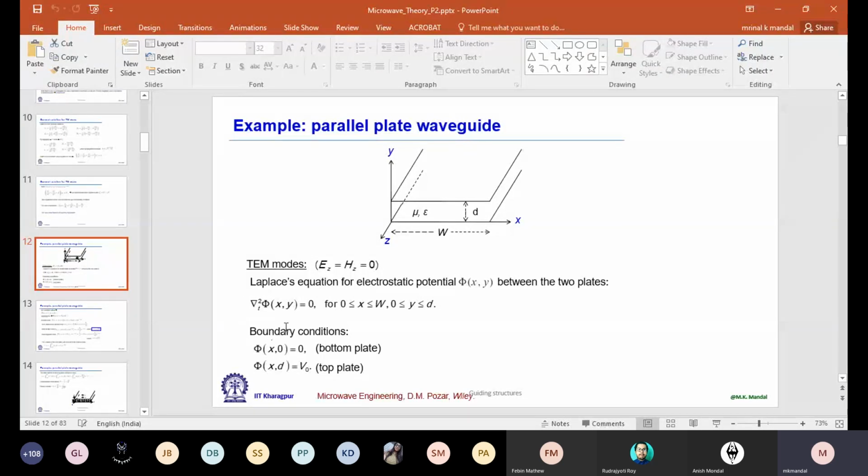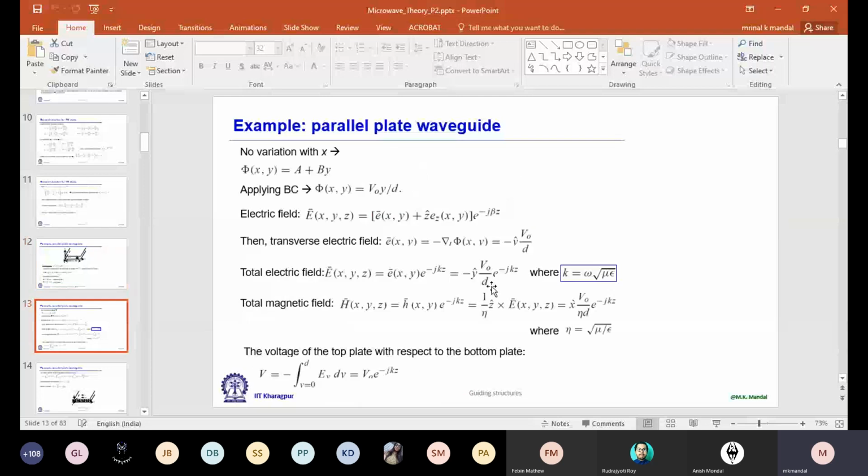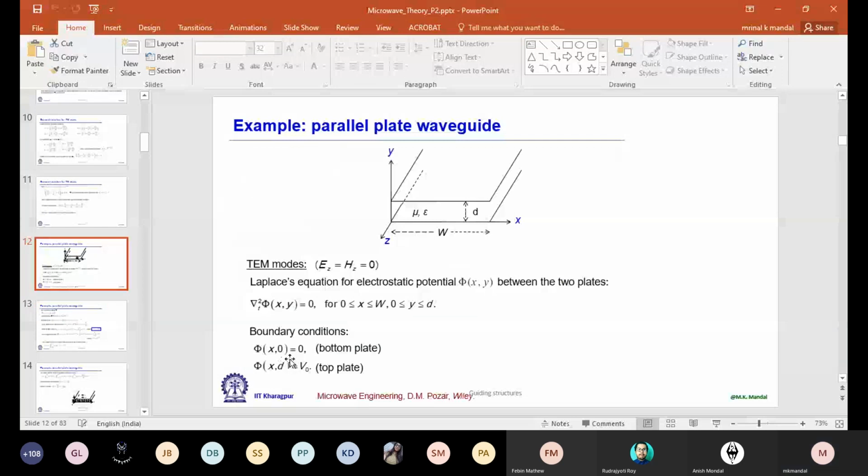So if that is the scenario, then now a little mathematics. From Laplace's equation, we can predict that phi, which is a function of x and y, can be represented in a linear form, like a plus b y. Now apply the boundary conditions. Phi equal to 0 at y equal to 0 and phi equal to V naught at y equal to t.